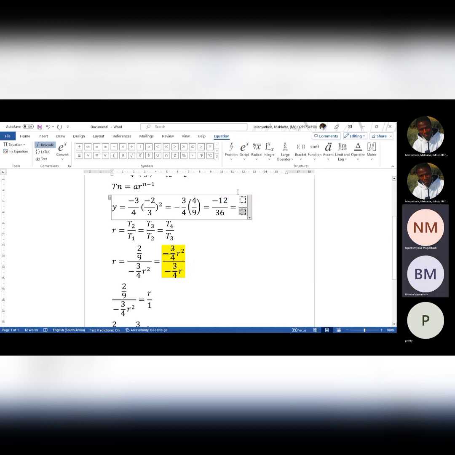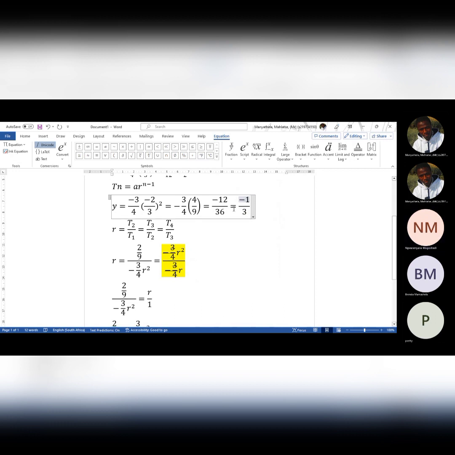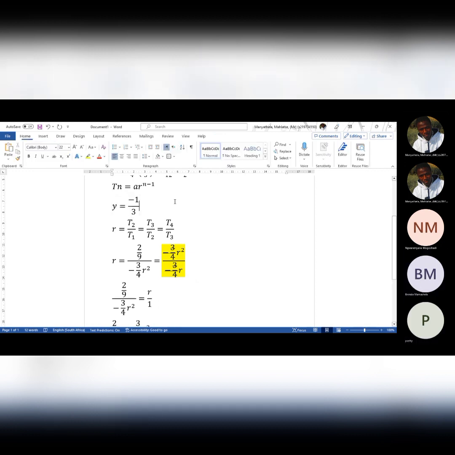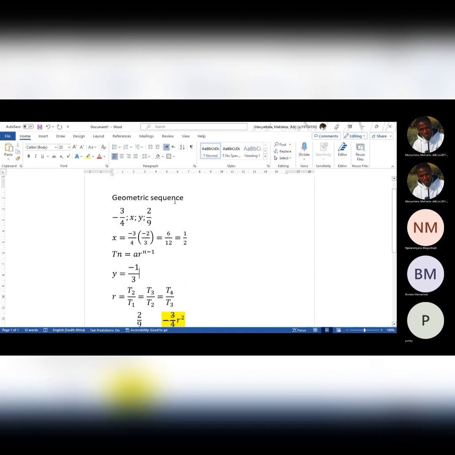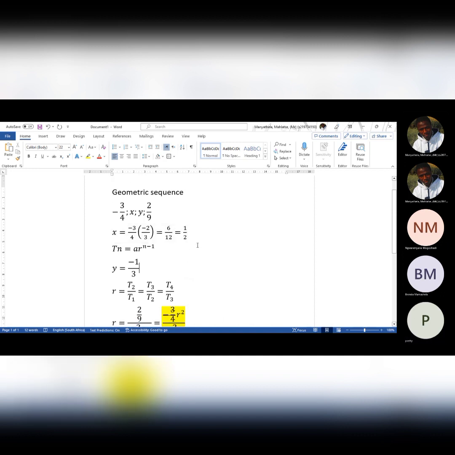It becomes negative 1/3. So that is the value of y, and this is the value of x.